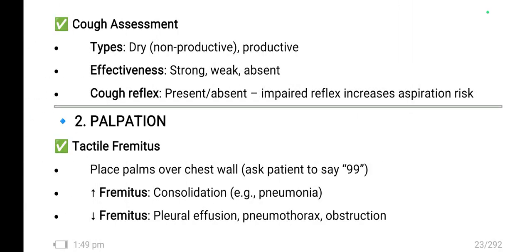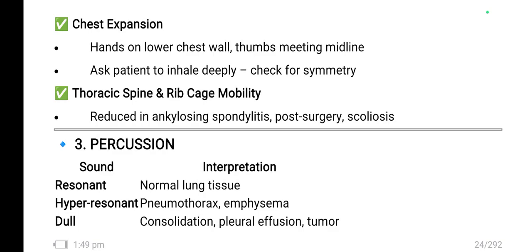The next thing is palpation. Tactile fremitus: place the palm over the chest, ask the patient to say 99. Say 99. Increased fremitus indicates consolidation, for example pneumonia. Decreased fremitus, pleural effusion, pneumothorax, obstruction, etc. Chest expansion: hands on the lower chest wall, thumbs meeting at midline.